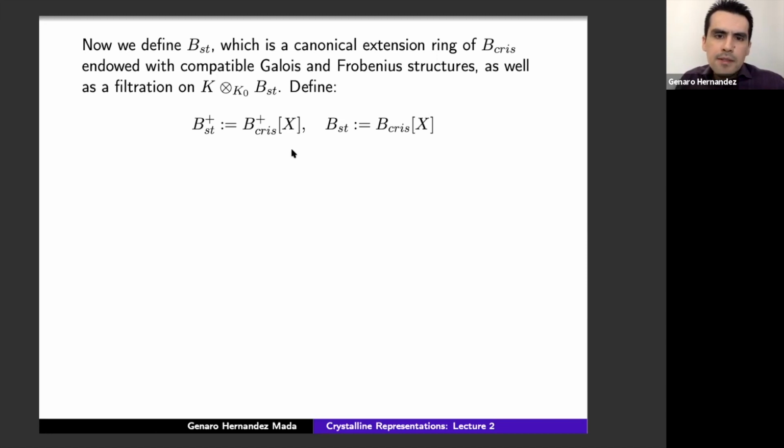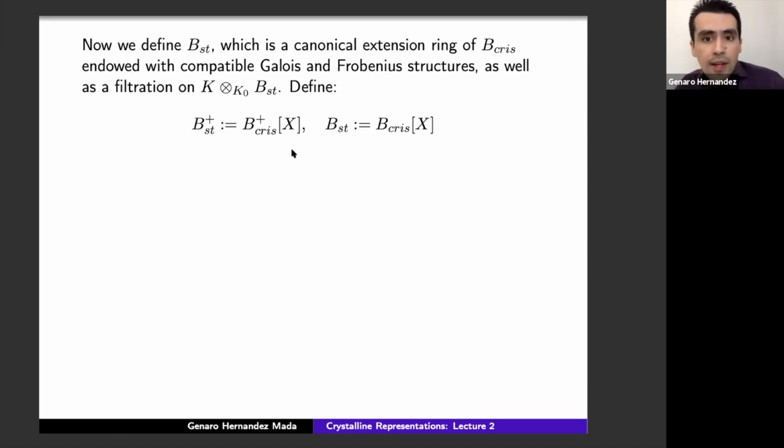So yeah. I would like to take the break right now. So just to leave this definition here. We already have the definition of B dR. We already have the definition of B Cris, and we stated some properties of them.